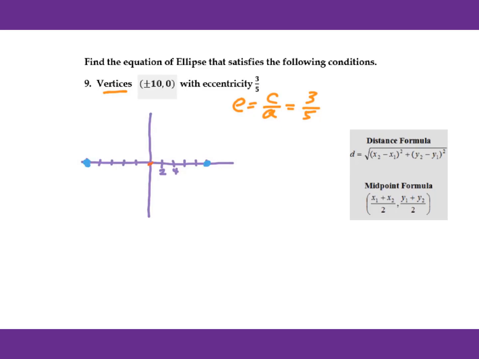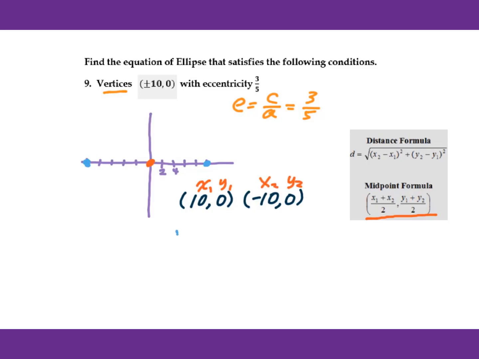So I get over here and over here. As we know, the center will be the midpoint of the vertices. Therefore, you got to use the midpoint formula. We have (10, 0) and (negative 10, 0). So we label these x1, y1, x2, y2.